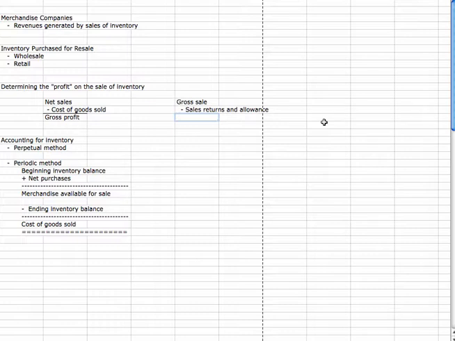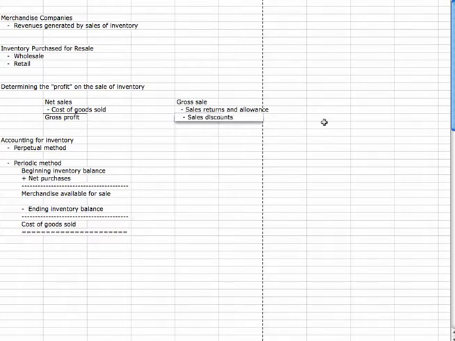So we have to reverse the sale and also reverse the reduction of our inventory because we're bringing the inventory back. The other reduction of gross sales to get net sales is what we call sales discounts.